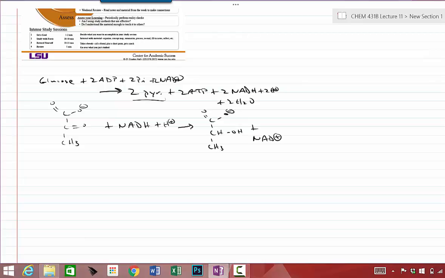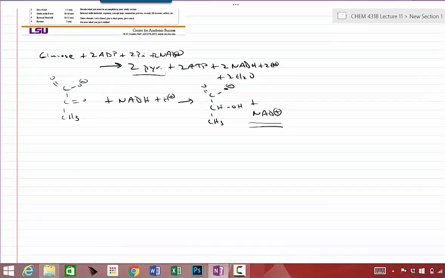And the reason why it occurs in our muscles is that we need to regenerate this NAD plus in order to be used for glycolysis again. So we have this sort of interesting cycle, which I will show you. And it's a way to quickly regenerate ATP from glycolysis in our muscles.